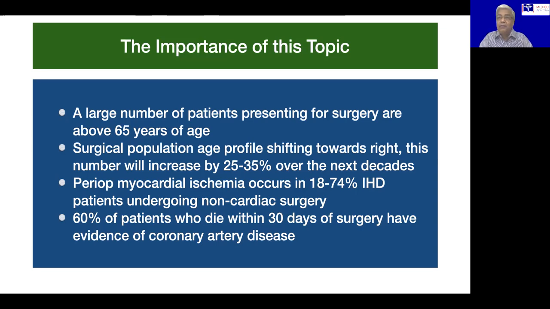It is estimated that perioperative ischemia occurs in 18 to 74% of patients who've got ischemic heart disease and who come for non-cardiac surgery. 60% of the patients who die within 30 days of surgery have got evidence of coronary artery disease.